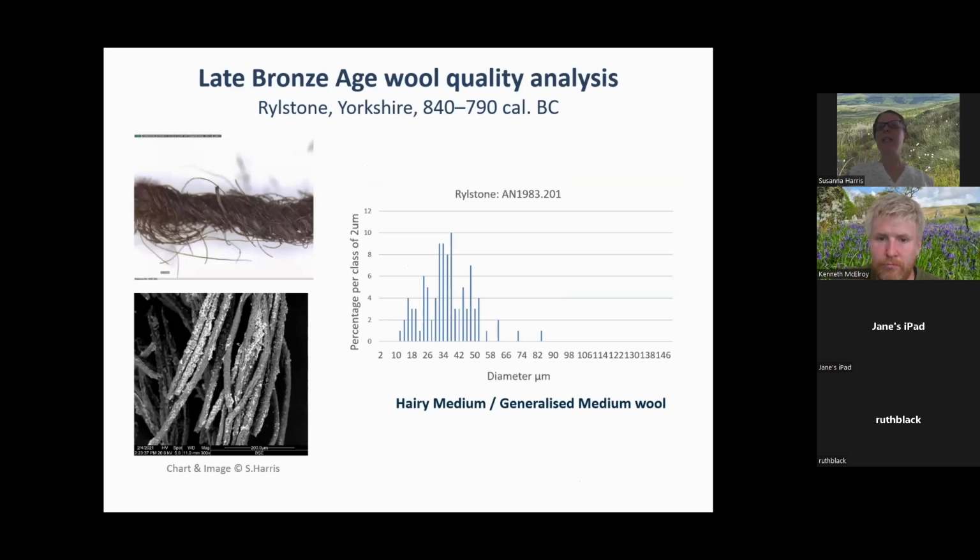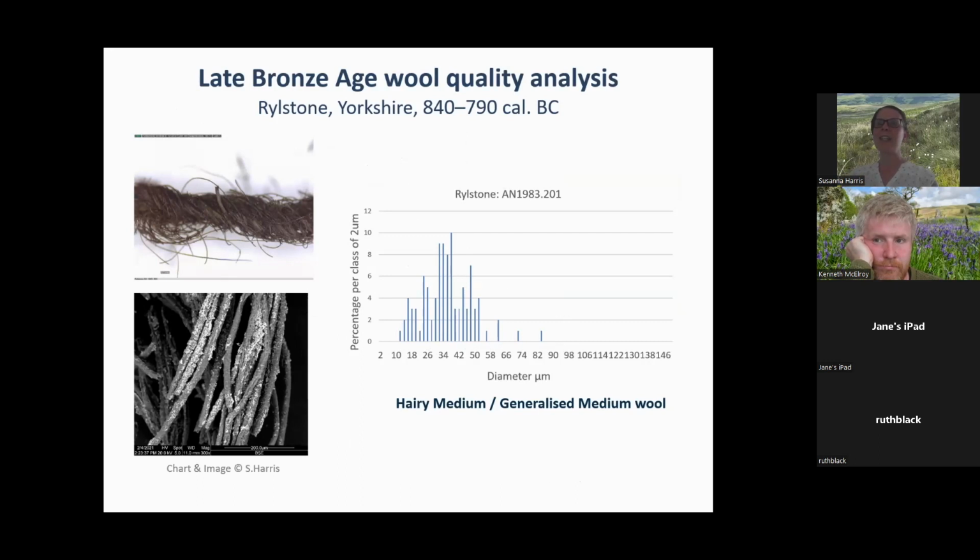And what's interesting is you see what is called a generalized medium wool. It has the fine fibers, but it still has some of these hairier fibers. And we can see that yarn here. And you can see some of those hairy elements in that yarn. So this is early on in the evolution of the sheep fleece in Britain.